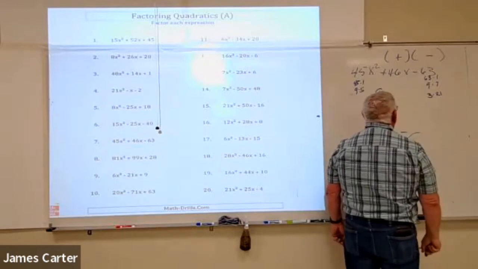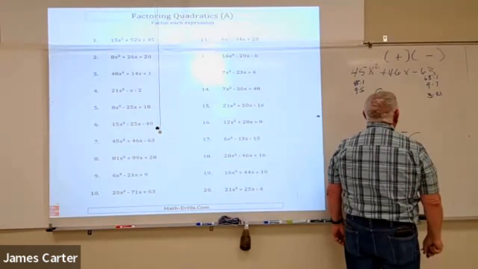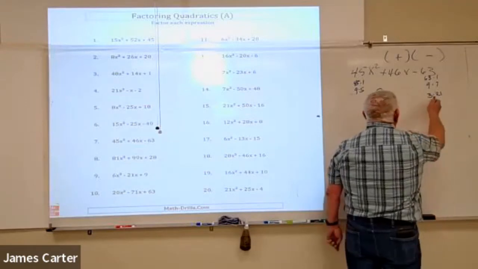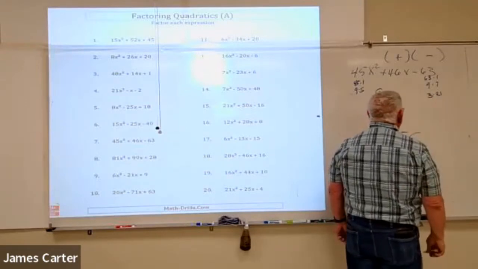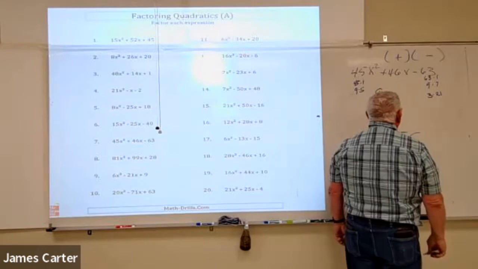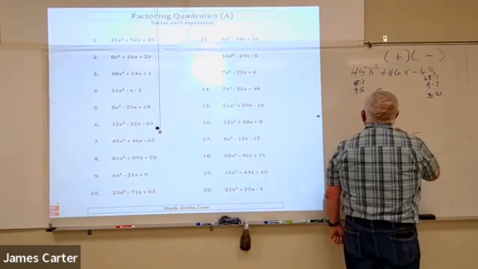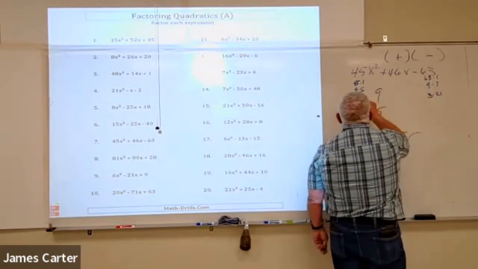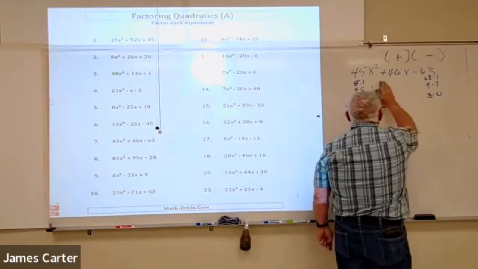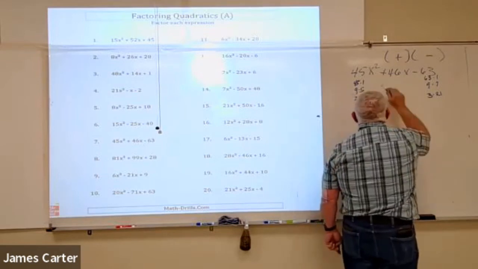Well, 21 times 9 minus 15, that isn't even a possibility. 3 and 15 for the 45. Oh, okay. Yeah. You know what? I bet it's that.